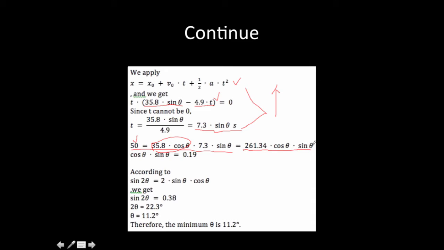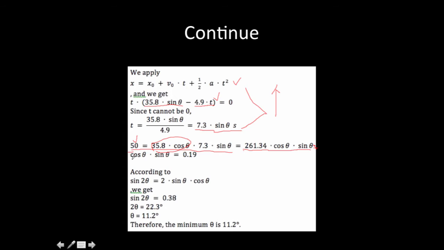Oh, the equal sign is missing here. Oh no, it's okay, because this is the second line. So cosine theta times sine theta equals 0.19.